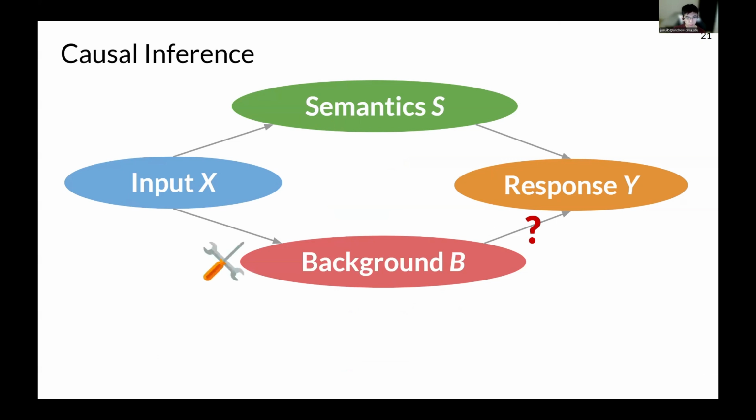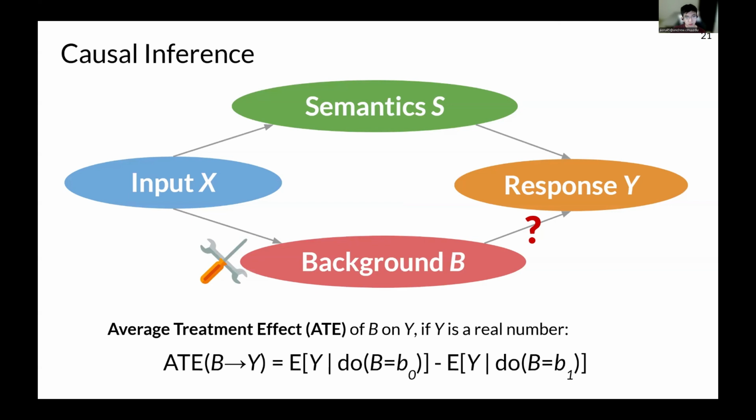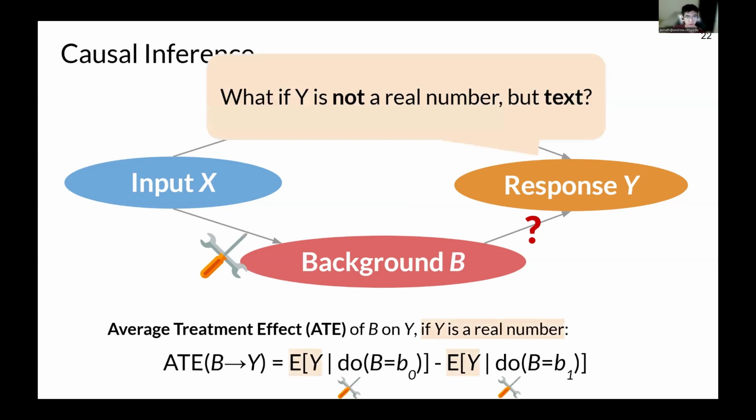So if Y is a real number, then we can calculate the average treatment effect, ATE, of B on Y by directly intervening on B. This estimates the expected change in Y. But a challenge in our study is that Y may not be a real number, but instead in text format as a response of a large model.